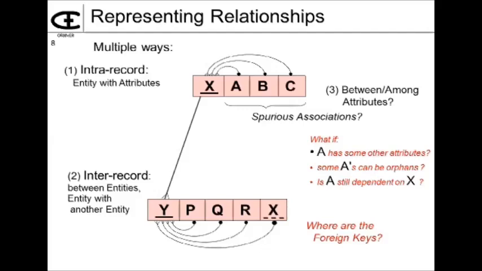So you have to be careful. Functional dependency is a notion that only applies to individual records, never across records. But if I had A in two different places, one with X, I'd say, oh, there's a functional dependency between A and X. But if I could have some orphan A's, it's no longer dependent upon X. It's still a function.